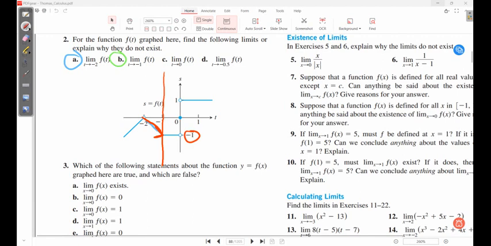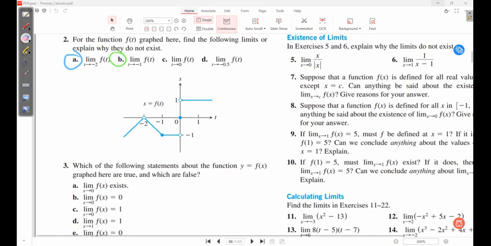It's what? Negative 1. If you check the right hand side as well, we are approaching the same point, negative 1. So therefore, the ultimate value of y as we approach negative 1 from both the left and the right side is what? It's negative 1. Okay. So I didn't want you to confuse it with the negative 1 on the x-axis. We are focusing on the y part.